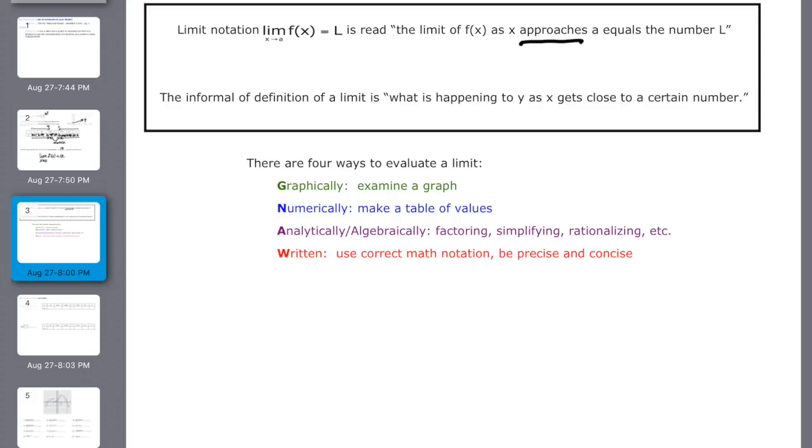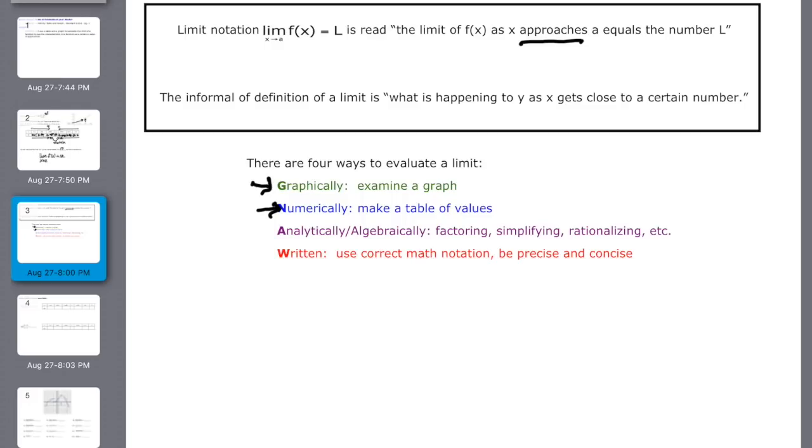Okay, so really the informal way of thinking of a limit is what's happening to our y value as x gets really close to a certain number, a certain independent variable. So now there's 4 ways to actually calculate a limit: numerically, which is what we just did on the previous, looking at the table; graphically, which we kind of did at the same time; analytically and algebraically, which we know in mathematics is the best way to do anything; and of course written using correct math notation.